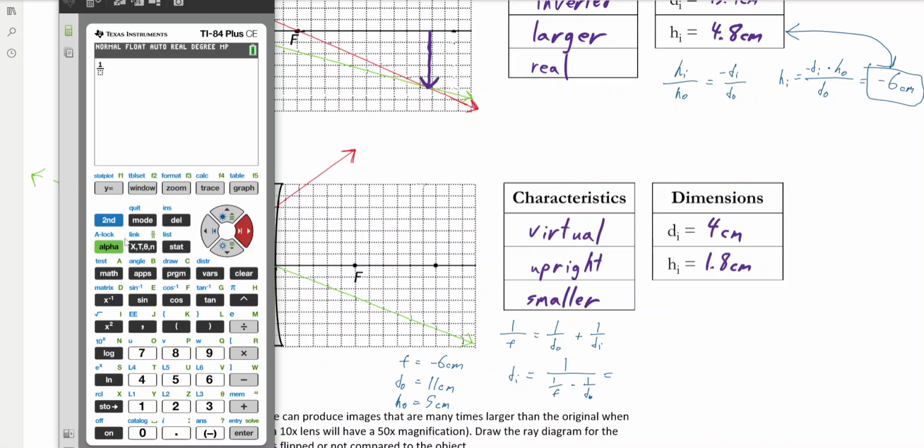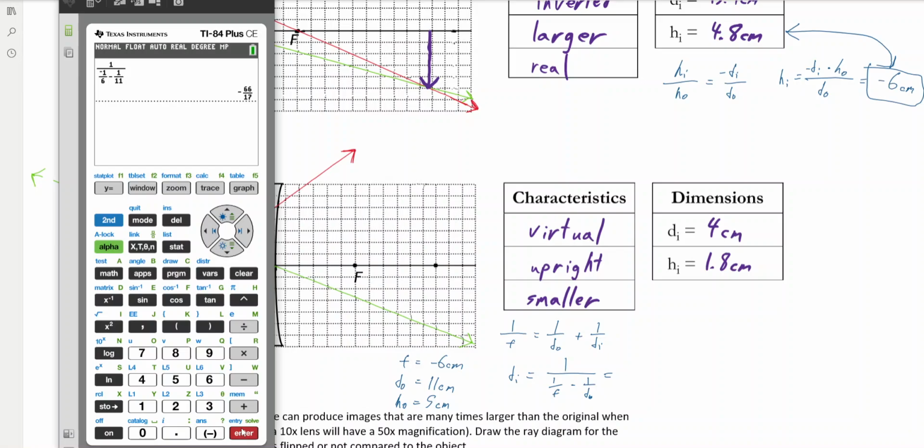So let's go ahead and plug this in. So it's 1 over, and actually this is going to be the negative 1 because it's the focal length, which is a negative value. You could have put the negative at the bottom, it doesn't really matter. Minus, and then 1 over dO, which is 11.